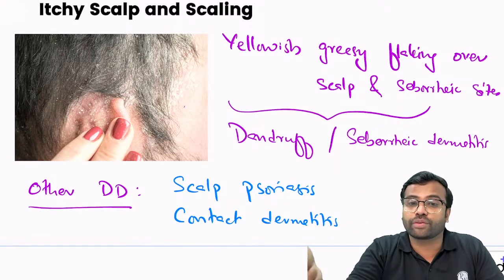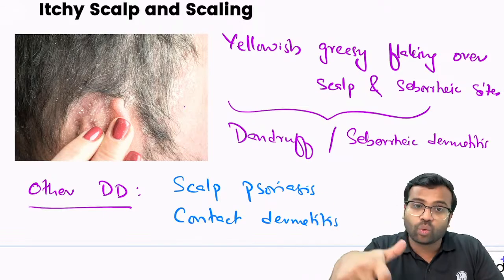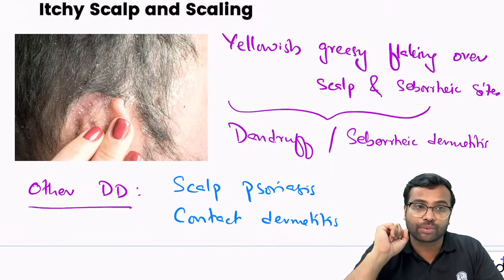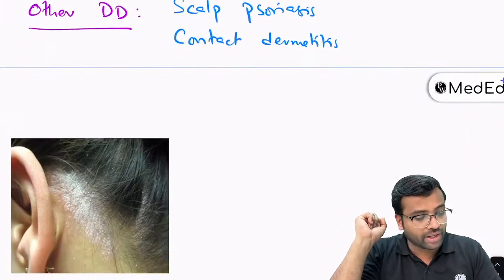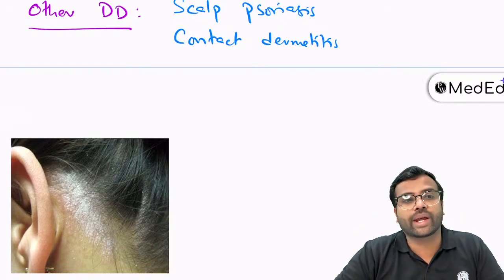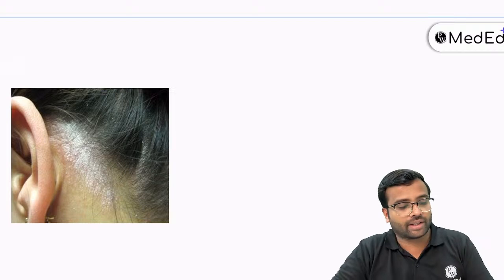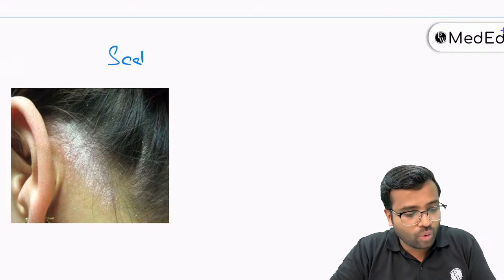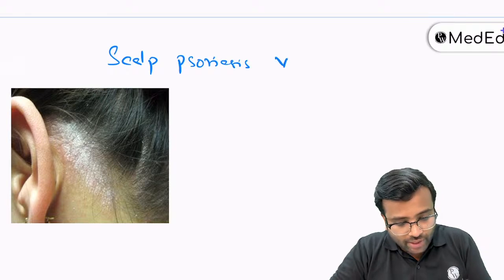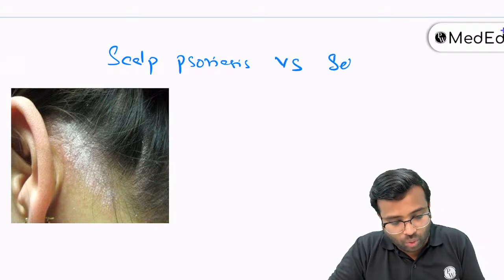So one very good differential diagnosis which I got here was scalp psoriasis. Now let us see how we differentiate scalp psoriasis from the usual dandruff or seborrheic dermatitis. So let us see how we differentiate scalp psoriasis versus seborrheic dermatitis.